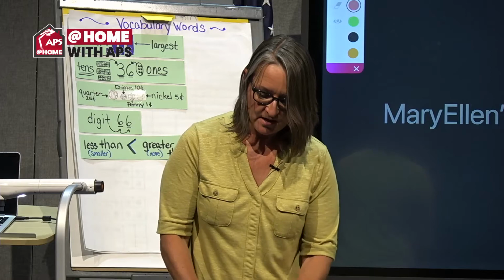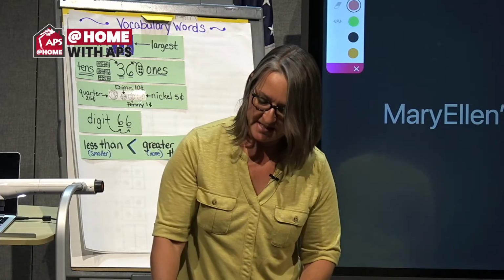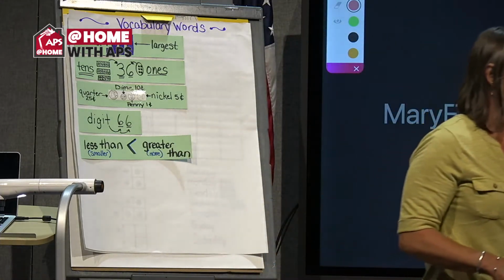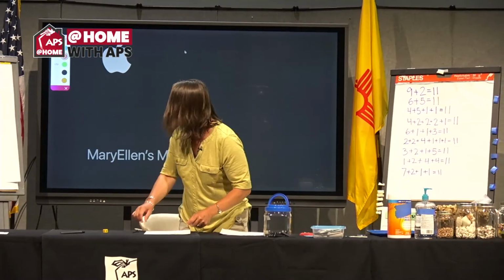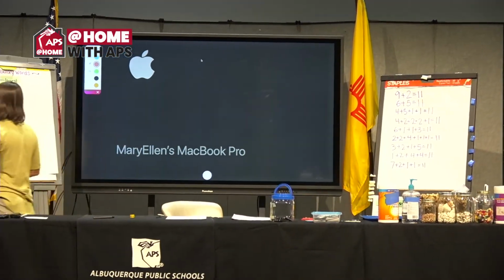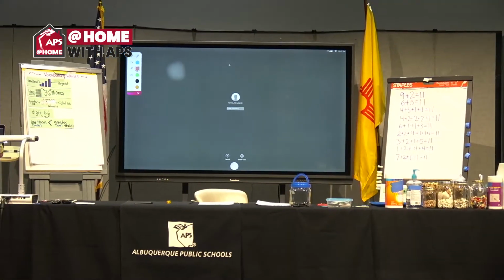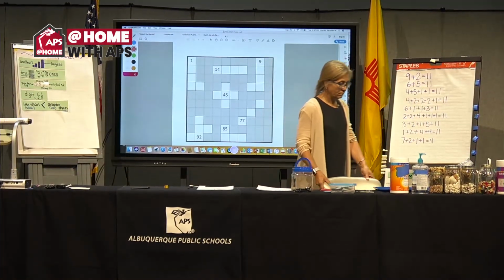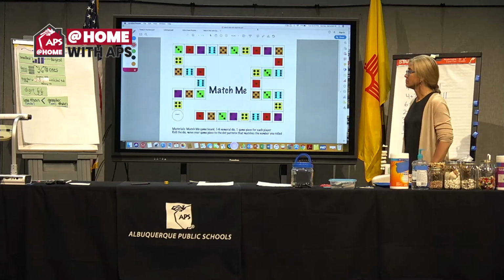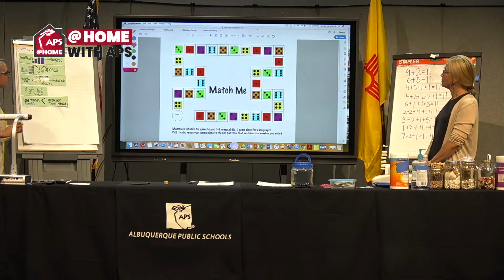Nice job. So now we're going to play a game together, Mrs. Obenchain and I and you, called Dot Pattern Match. So I'm going to pull that up on our computer. The computer is tired, it went to sleep. Okay, very good.